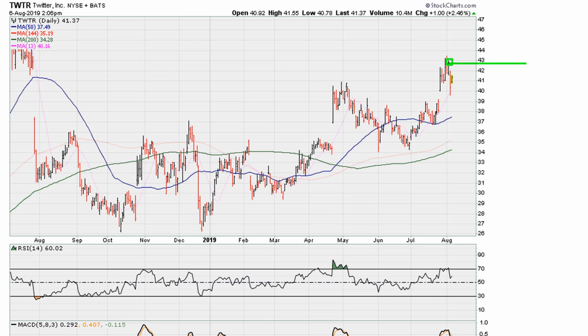So until we see a breakout above 42.85, which is the recent daily closing high here, I would speculate that actually the weekly chart is projecting lower prices in the months ahead.